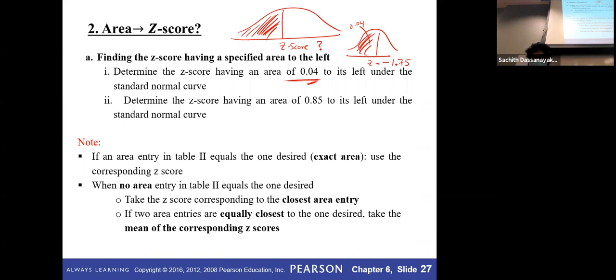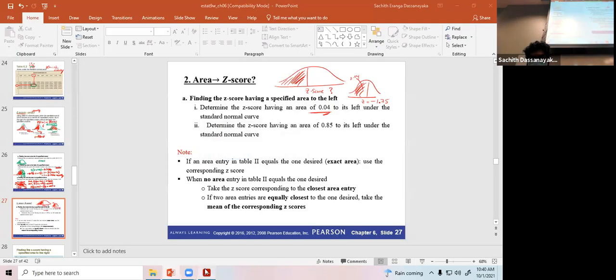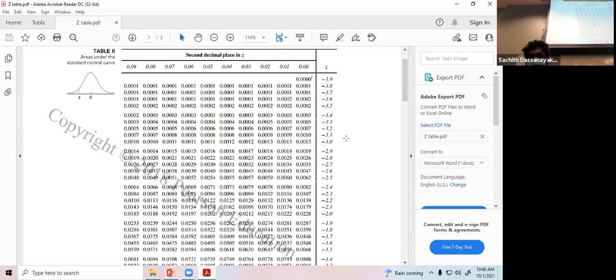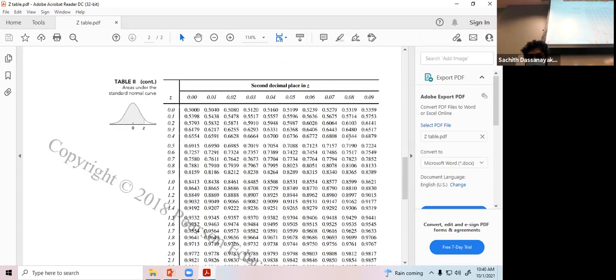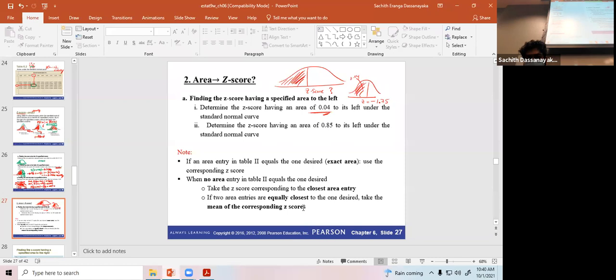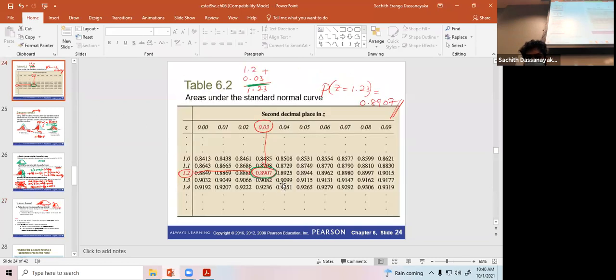Okay, real quick, let me show you how to find the C value. I'll pick a random value. Let's use this one.